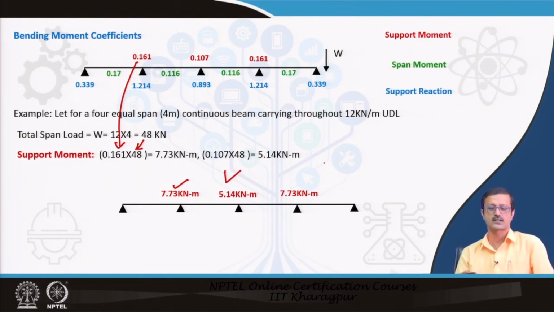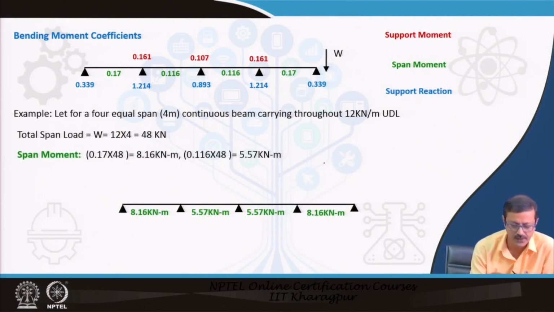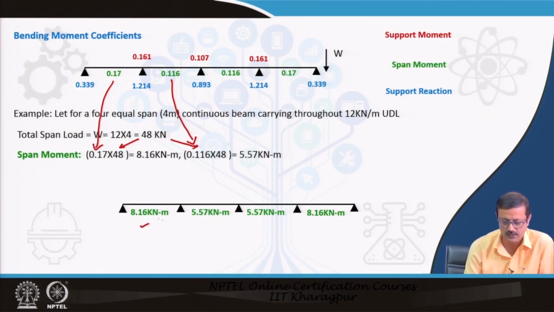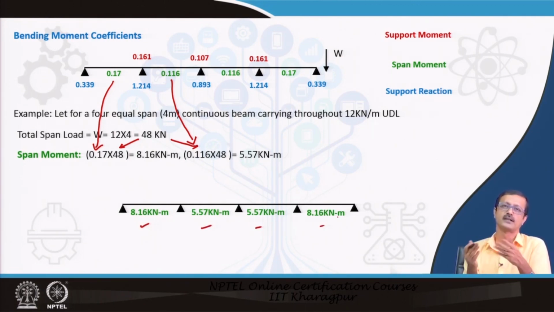Like that, if you multiply with the total moment, you will get it. Similarly, you can get the span moments also, that 0.17 is now going to be multiplied with 48. 0.116 is now multiplied with 48, like that. So, you will get all the span moments. Now you can superimpose, you can find out the average value, the central value of this, and then get that coordinate. Just as we have discussed, you can find out the design moment.